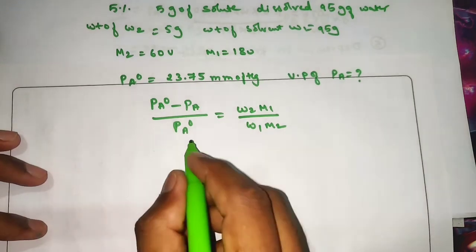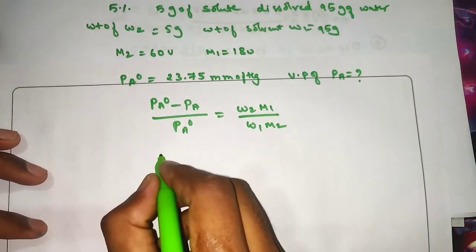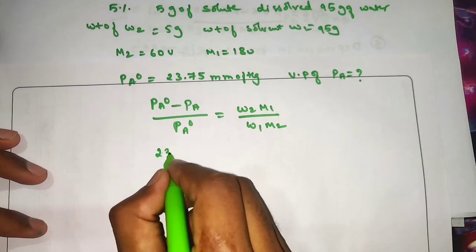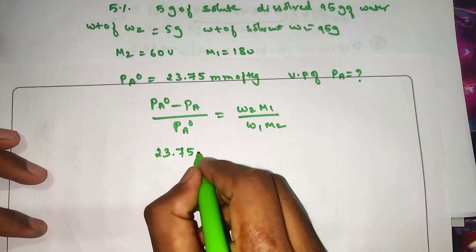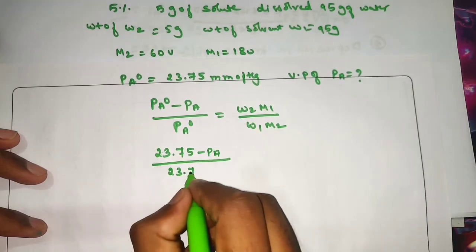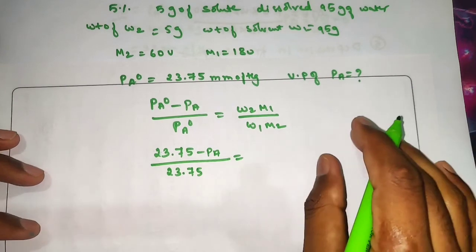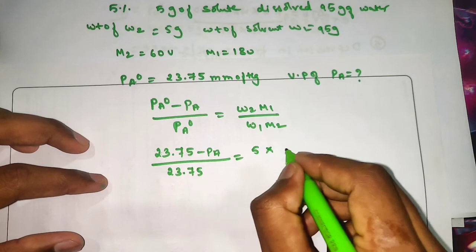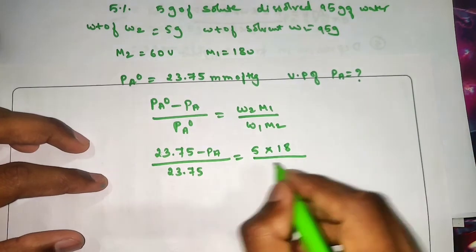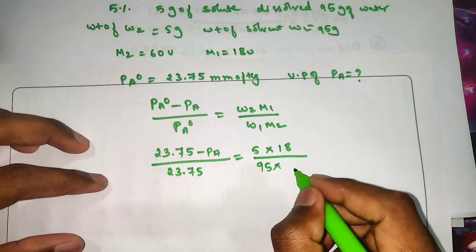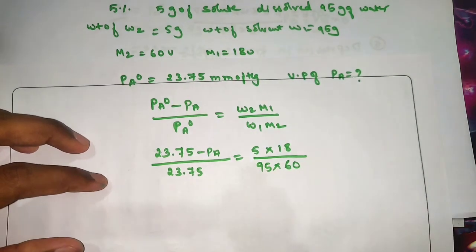Substituting all the given values: Pa naught is 23.75 minus Pa, which we have to calculate, upon 23.75 is equal to W2, 5 gram, into M1, 18, upon W1, 95, into M2, 60.